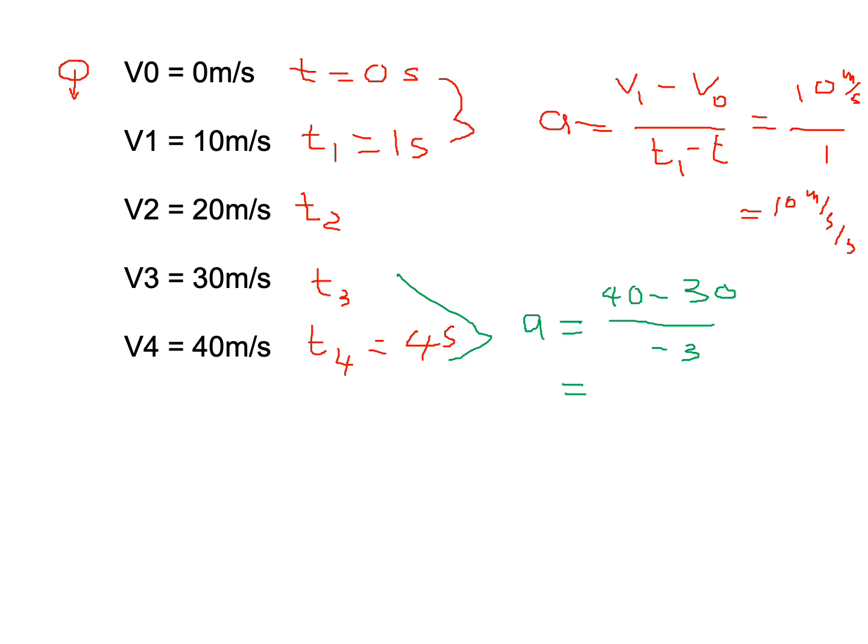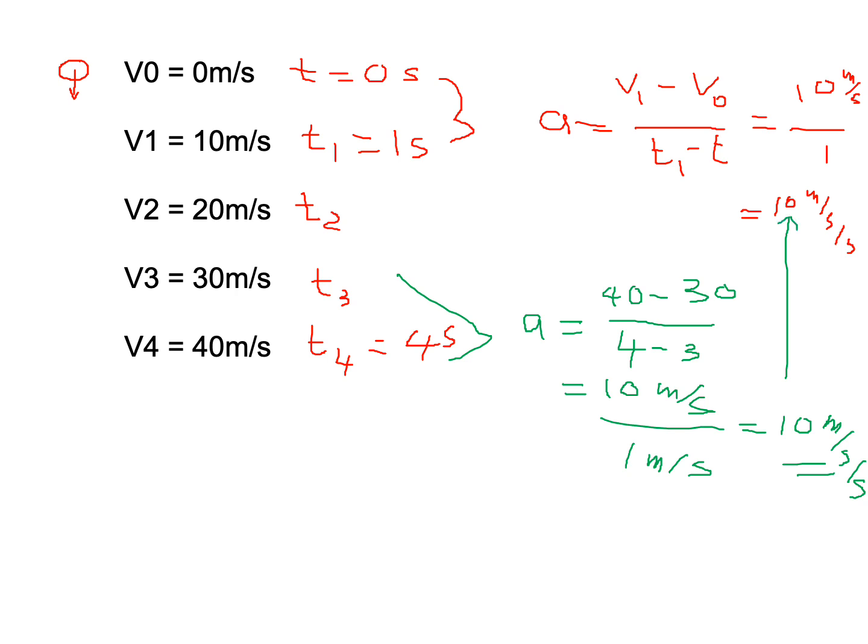Four seconds. So 40 minus 30 is 10 meters per second, and 4 minus 3 is 1 second. Your answer is 10 meters per second squared. So no matter which two events you consider, you get the same acceleration as before.